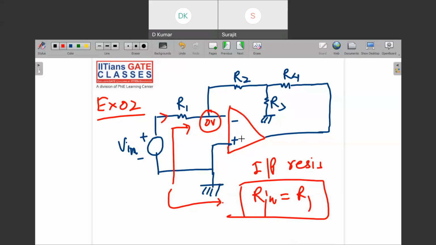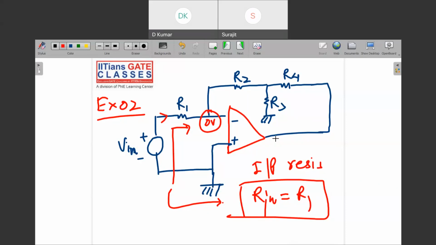In that case, how can I get the output impedance of the op amp? Because if it is not given, in a voltage controlled voltage source there is some output impedance.